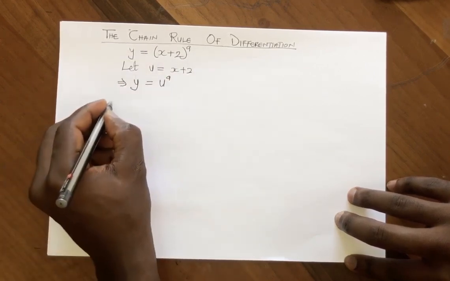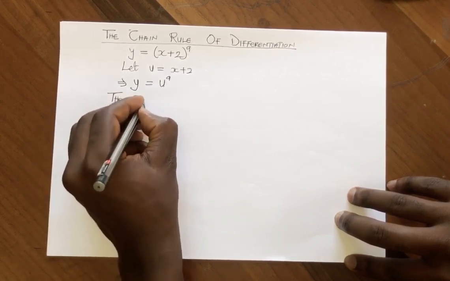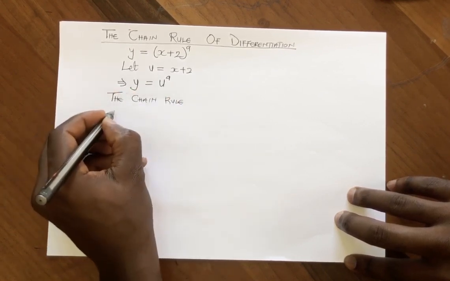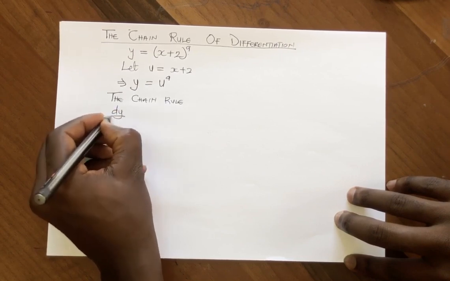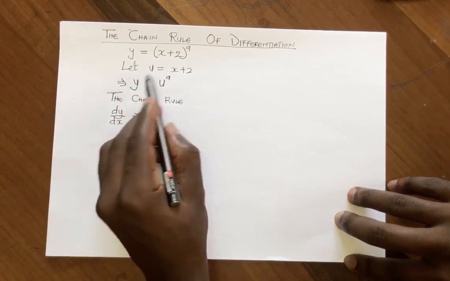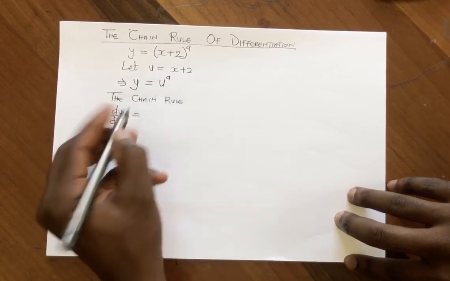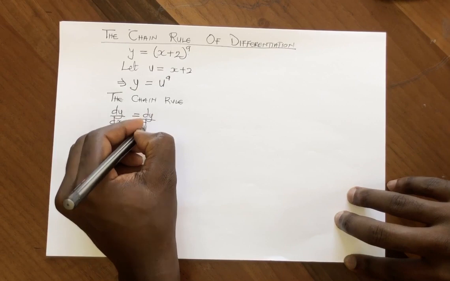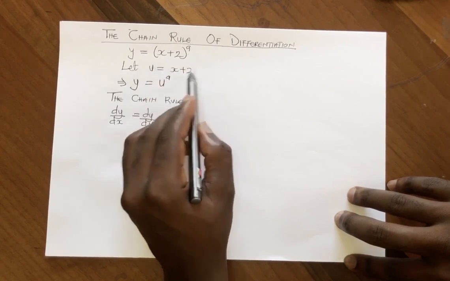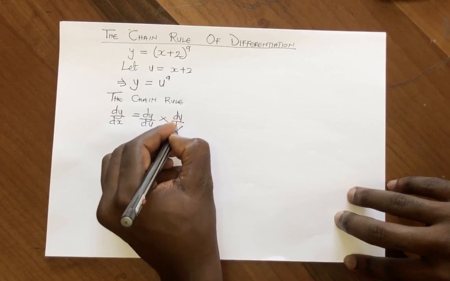What does it say? It says that dy/dx is equal to, differentiate this, so that will be dy with respect to u, so dy/du, and then multiply by the differential of the inner bracket, which is du/dx.